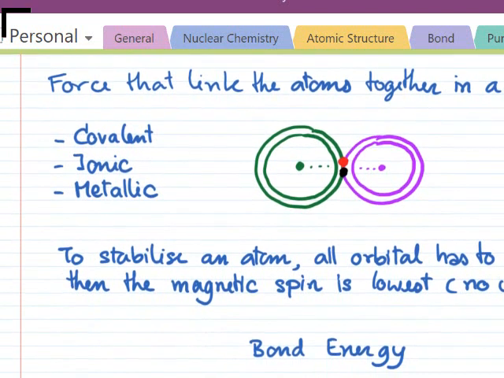If I have a white atom linked together with a black atom, the question is, what is the bond energy of this system?